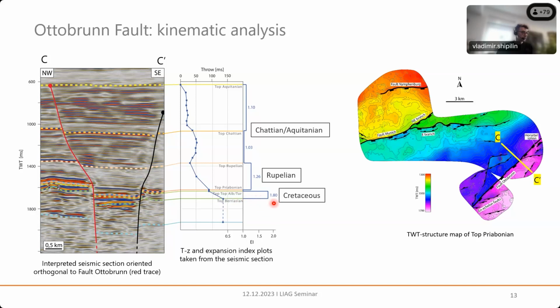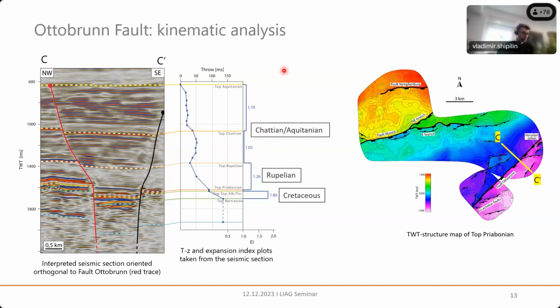Here we see that the values are above 1 for three intervals: the Cretaceous interval, the Rupelian interval, and also to some extent during the Aquitanian. And now if we look at the shape of the throw-depth profile, we see that within the Cretaceous, within the Rupelian interval, and also within the latest Chattian and earliest Aquitanian sediments, it has a quite negative slope, negative gradient.